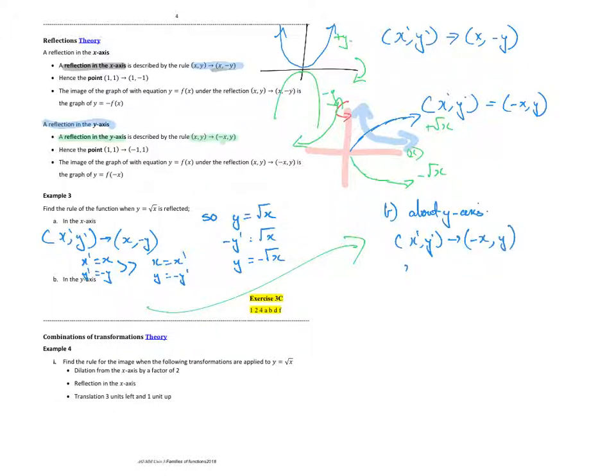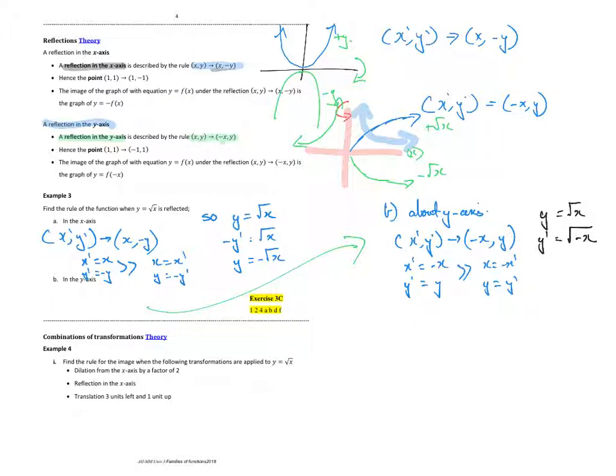So x dashed is equal to negative x, y dashed is equal to y. So that means simply that x is equal to negative x dashed, y is equal to y dashed, substituting into whichever rule we've been given. So if y is equal to the square root of x, my new graph, y dashed, is equal to the square root of minus x.